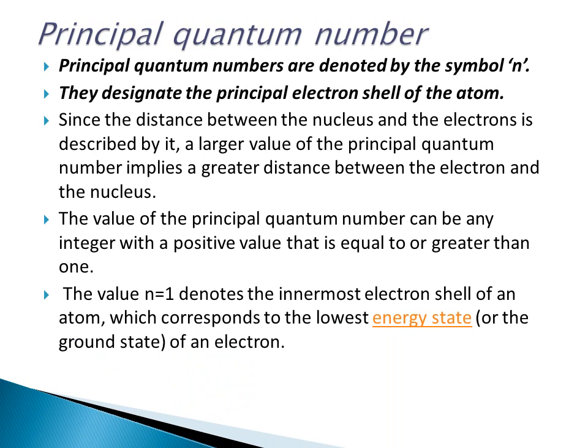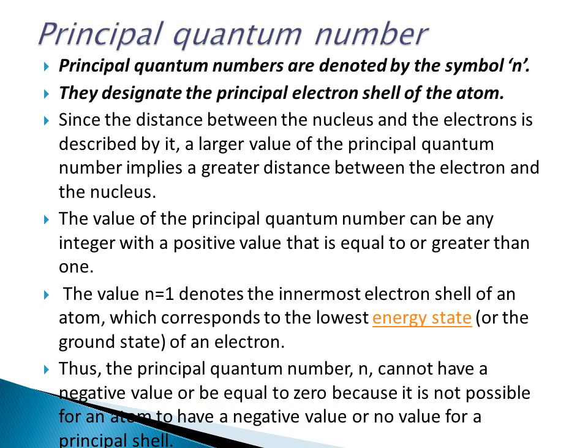Keep in mind, when n is equal to 1, that is the K shell, it is the innermost electron shell of an atom, which corresponds to the lowest energy state, that is the ground state of an electron. The electrons are tightly held surrounding the nucleus.